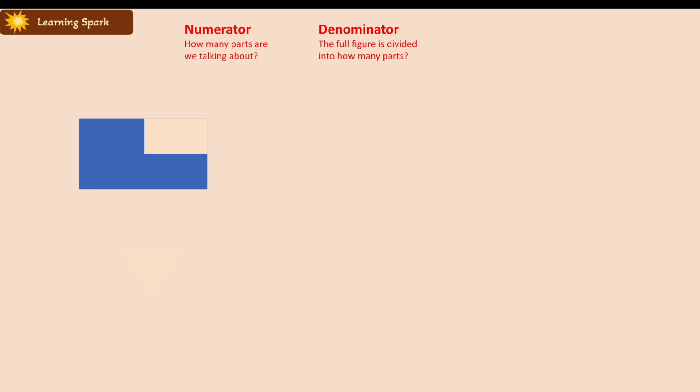Now let's understand it a little more. Let's take another figure, a rectangle, but one piece is missing here. Let's convert this into a fraction. Again, the rule is that you think about the whole figure. This is the whole figure, a rectangle. You divide it into equal parts, so you draw 2 lines and divide into 4 parts.